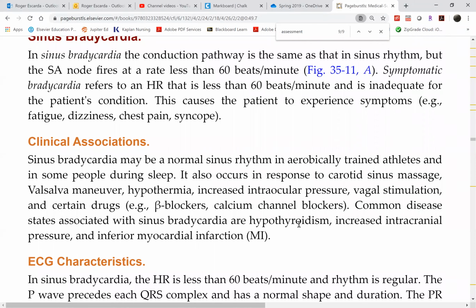Valsalva maneuver alone, we have several. What are other examples of Valsalva maneuver besides giving birth to a turd? No, what are the other examples of Valsalva maneuver?